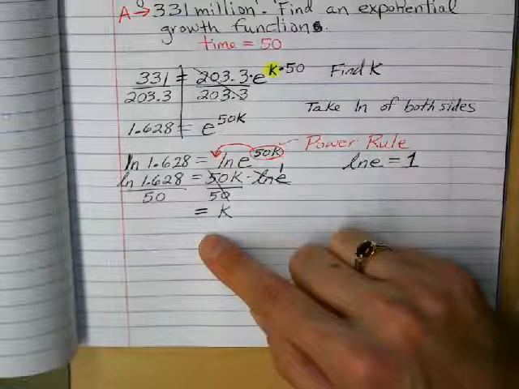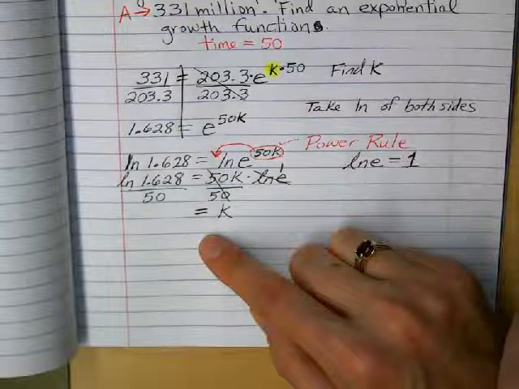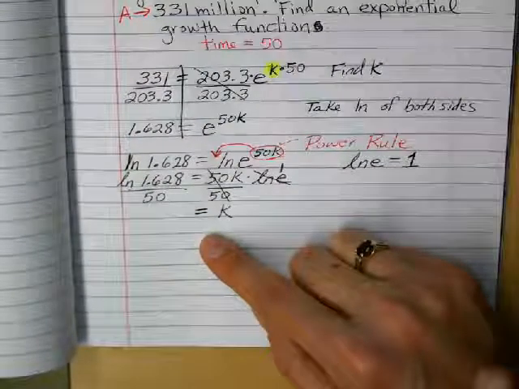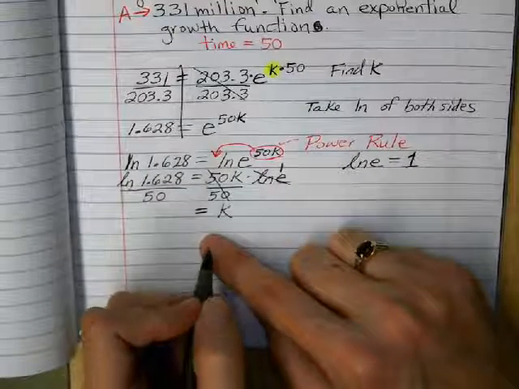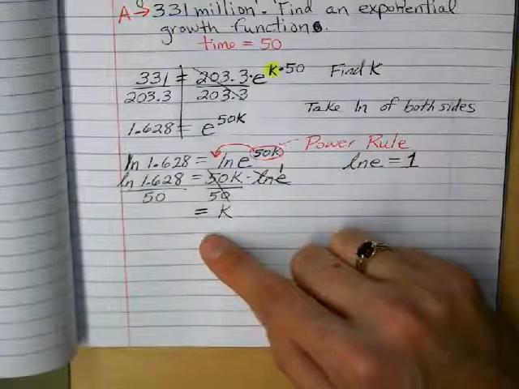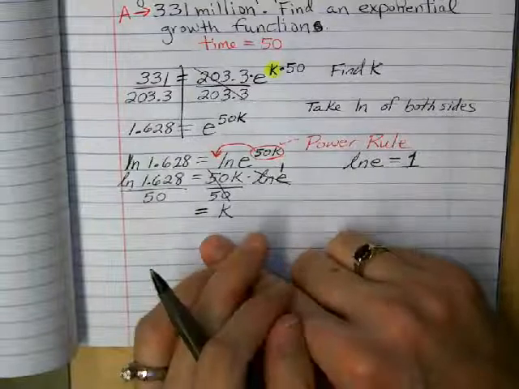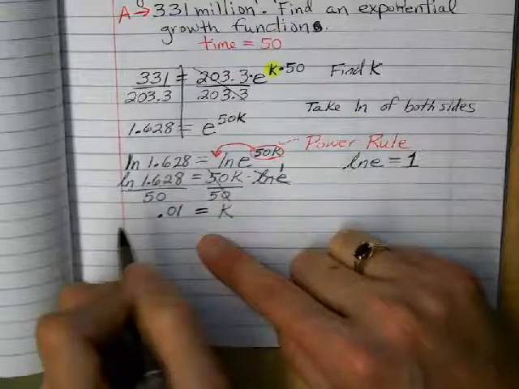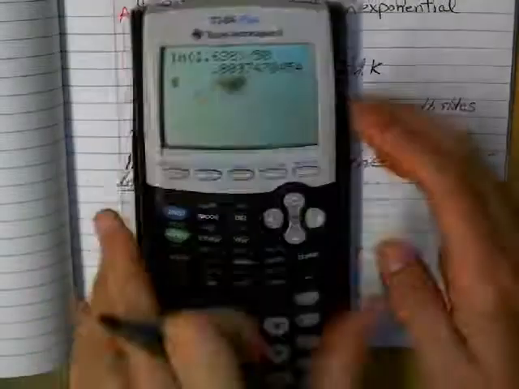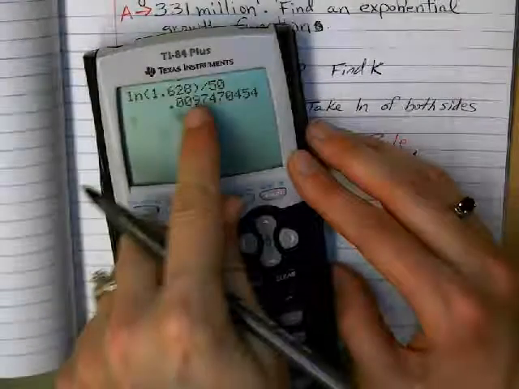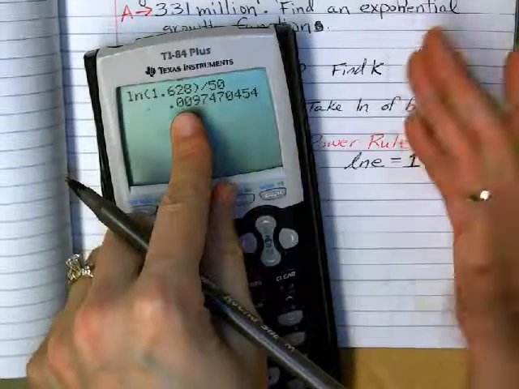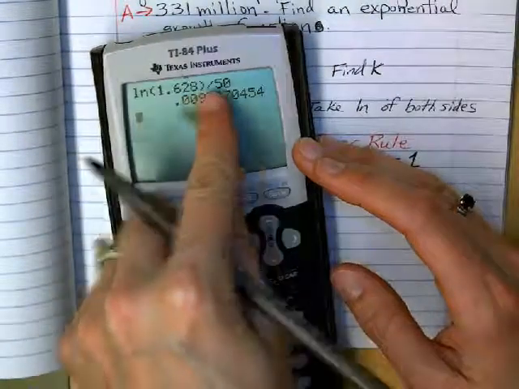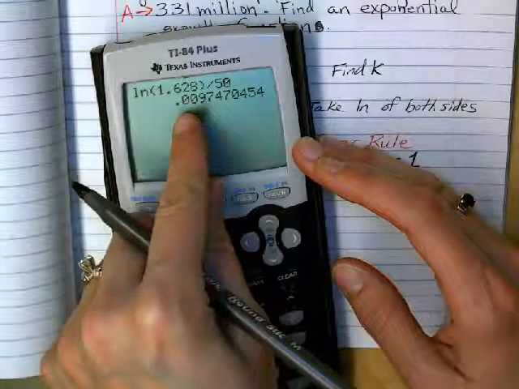Yeah, you take ln of that 1.628. Okay. So then let's round it to 2 decimal places. So what do you think? Yeah, 0.01. Because it's 0.0097. Yep. So they'll tell you on your assignment, round it this way. So see ln of that number and then divide by 50. So yeah, 0.01. That's k.